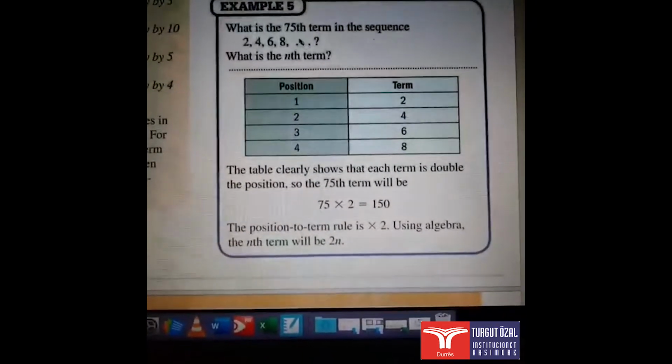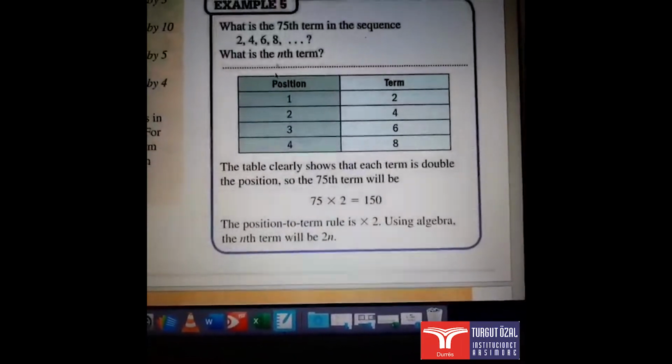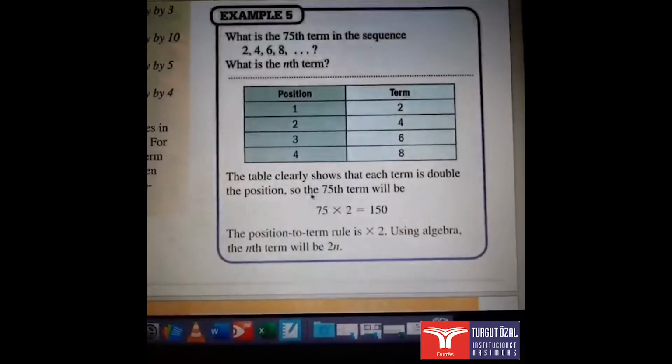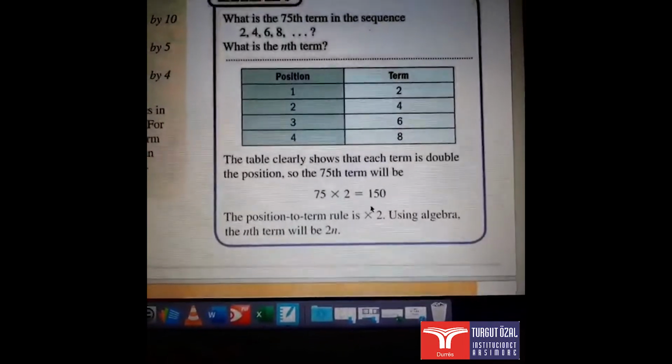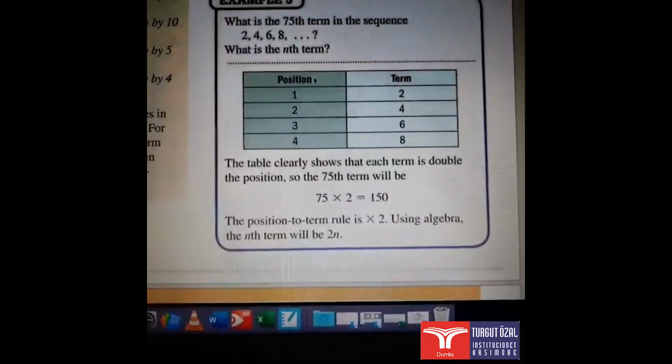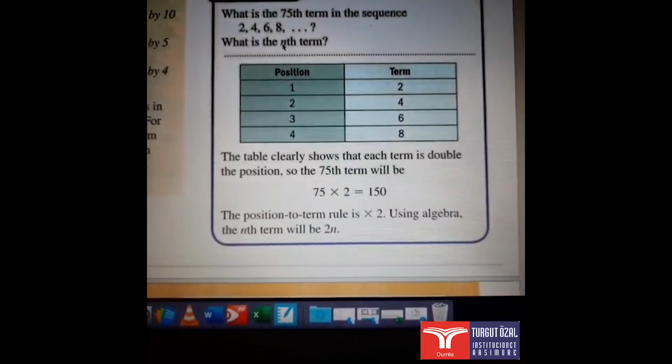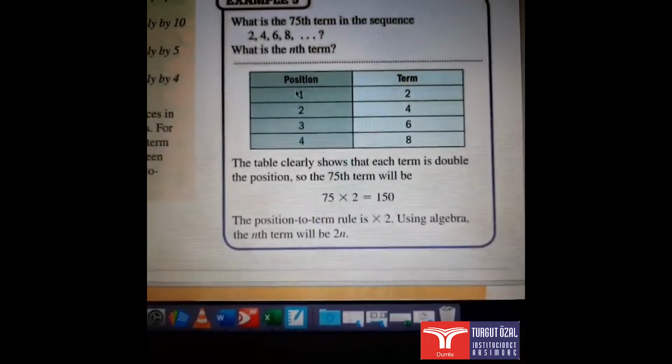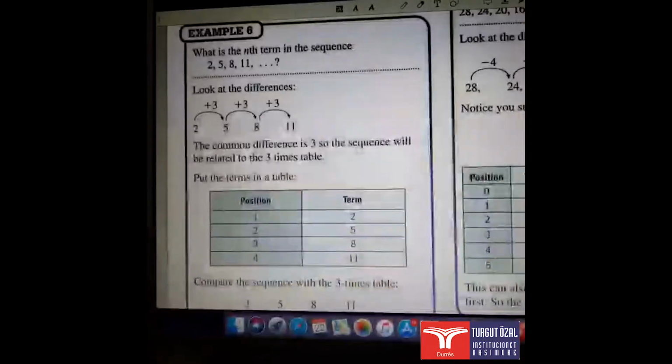So to find the 75th term, I just have to double the position 75, and the term will be 150. So the nth term, it means any term in this sequence, will be 2 times n.